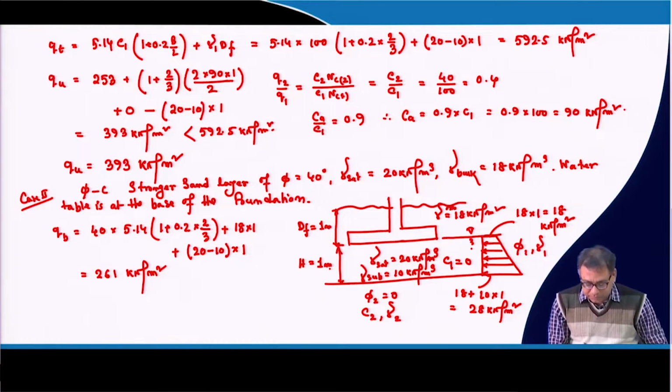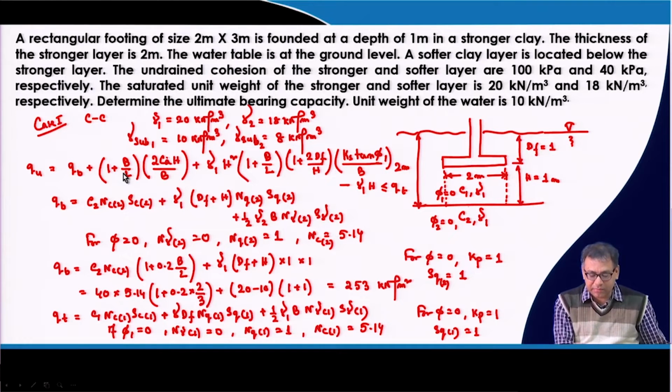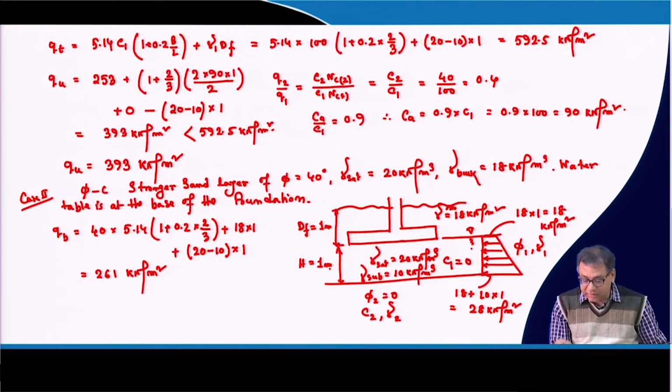So, this is the second case problem, where the passive pressure we have to calculate in a different way, because we cannot put that passive pressure in the basic expression which was developed. In the basic expression the unit weight throughout the layer is considered the same, because the water table effect was not considered. But in this problem, the water table is at a depth of 1 meter below the ground surface.